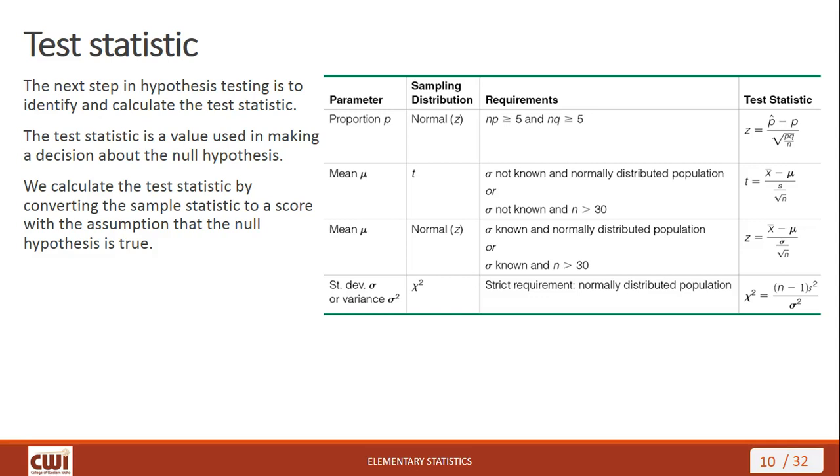If you don't know what the population standard deviation is, you're going to calculate a t-score. If you do know what the population standard deviation is, then you're going to calculate a z-score. Notice the z-score for a mean value is calculated differently from the way the z-score is calculated for the proportion. So there's definitely a difference there.